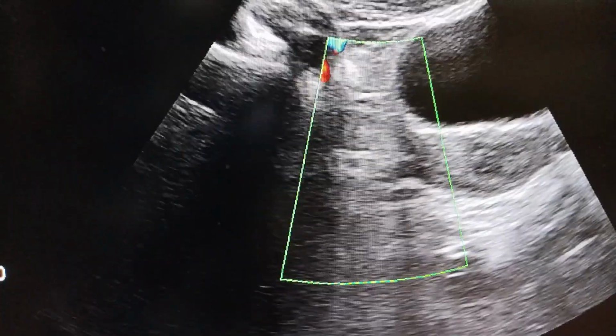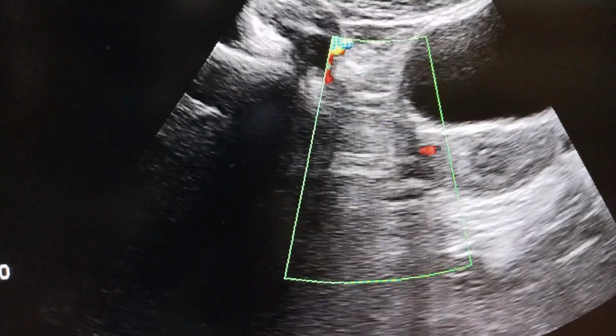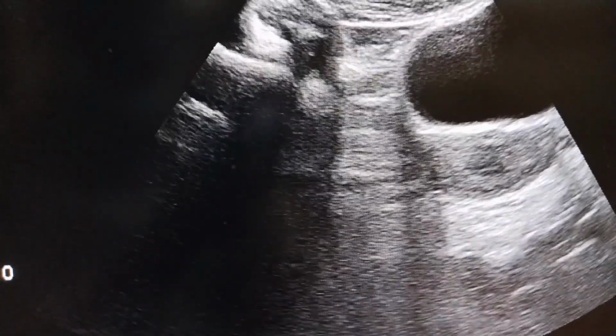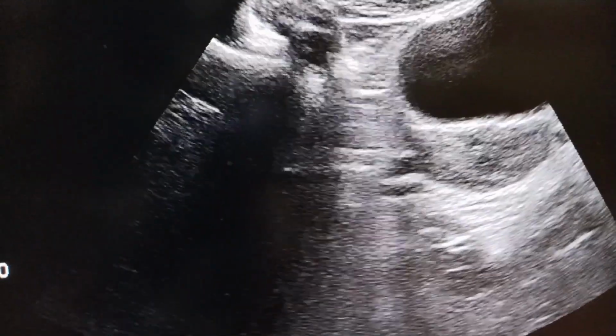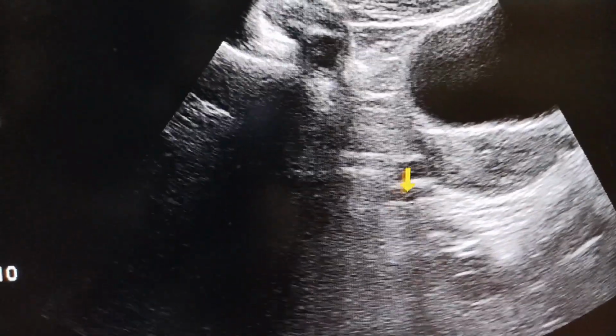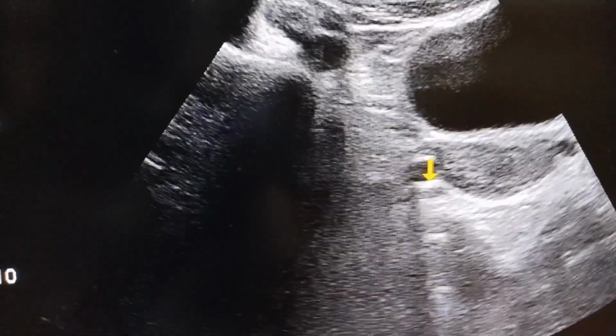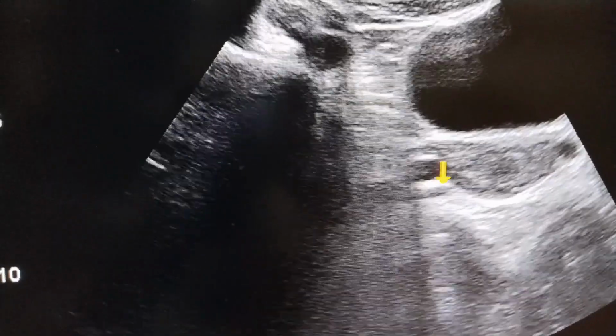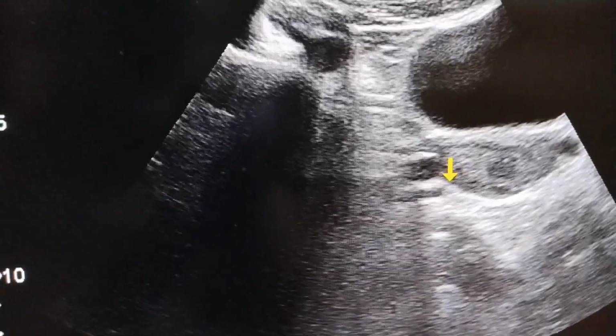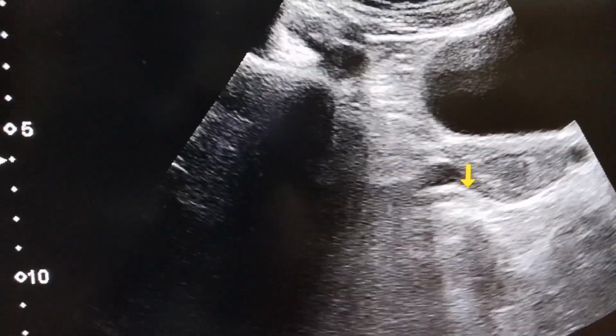There is no color within the ureter. So this ureter is also passing here, and it is going just below the body of the uterus.